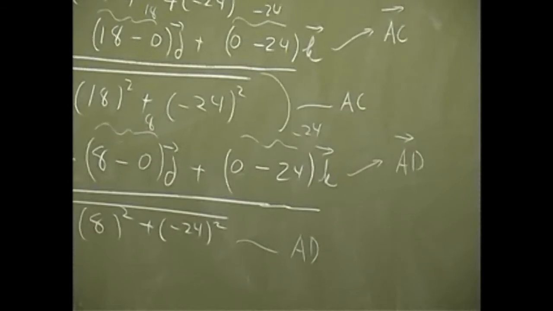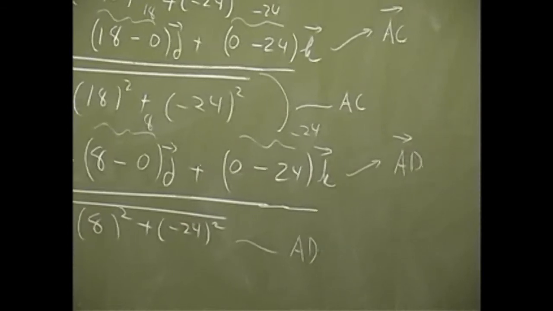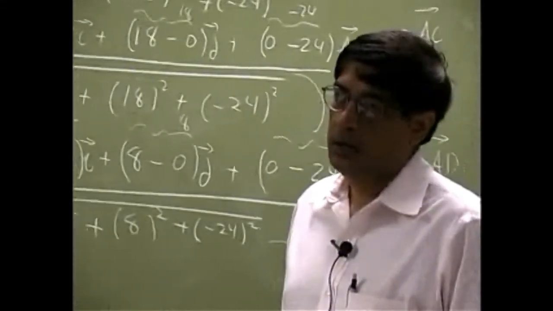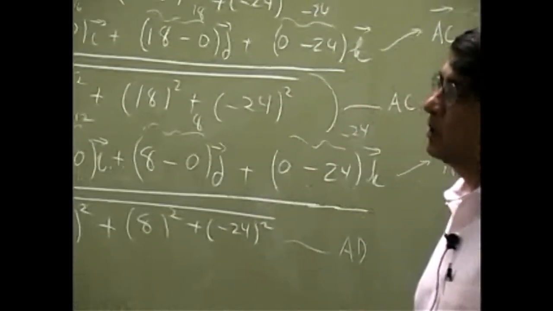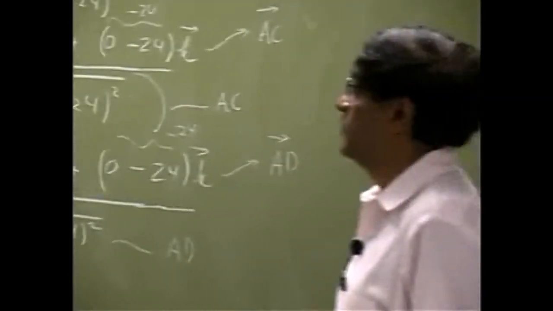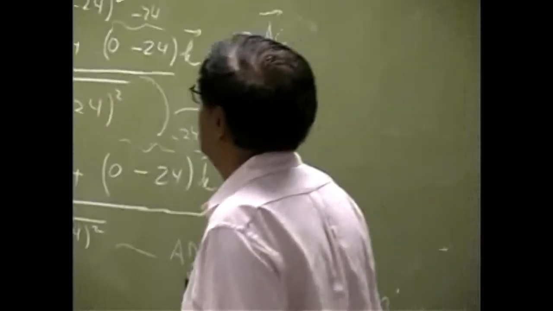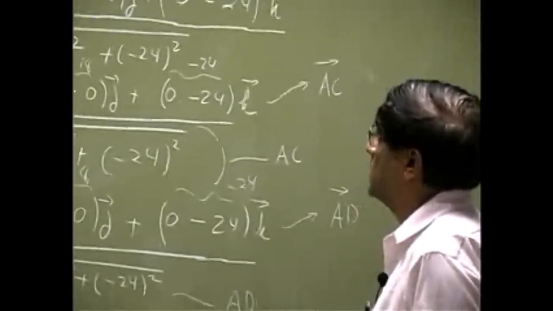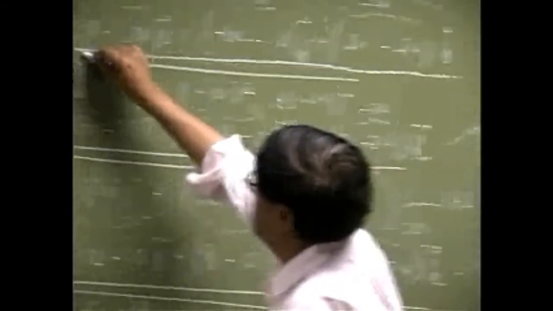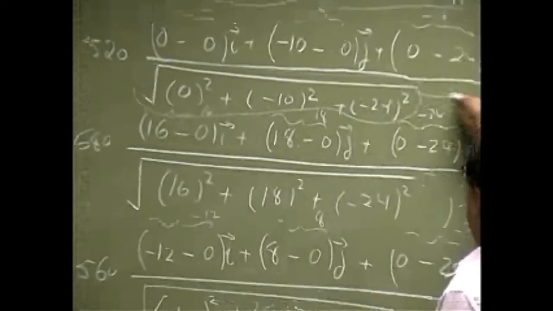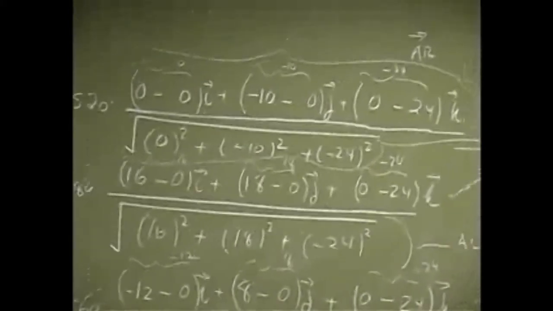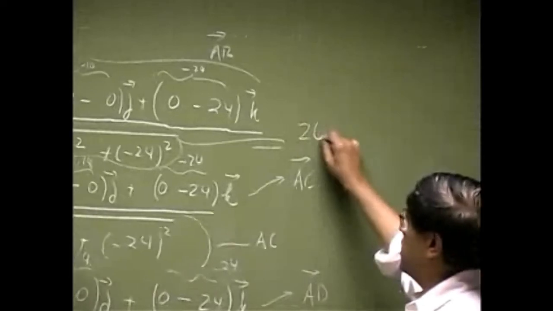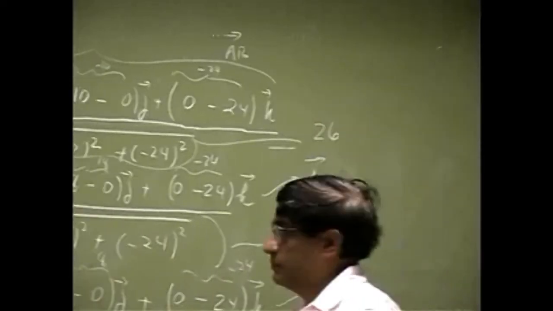So, you use the case 3 and you wrote all the force vectors. The rest of it is just calculations. And this length here, if you go through the actual calculations, it's going to come out to be 26.